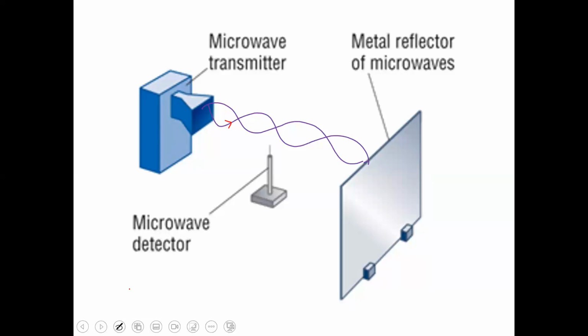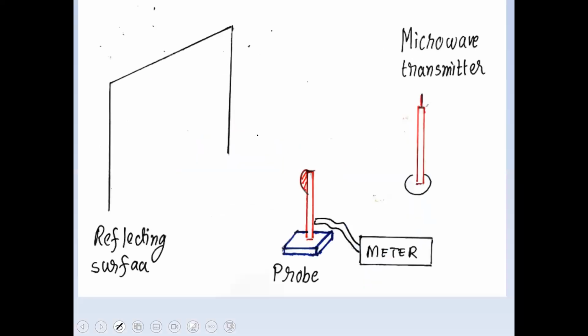This is the incident signal, and the wave returns. The wave returns from the reflecting surface, and due to superposition of the 2 signals, a stationary wave is established.